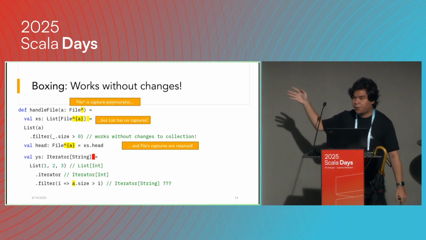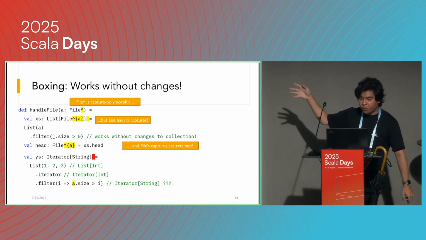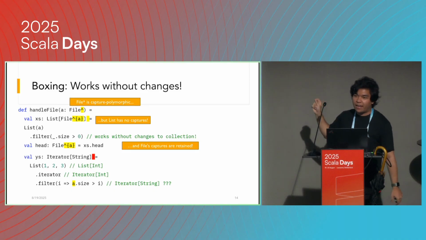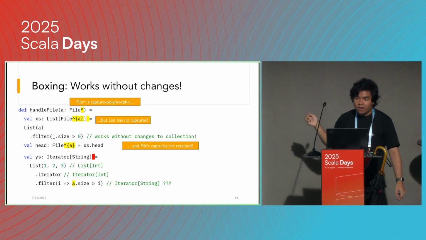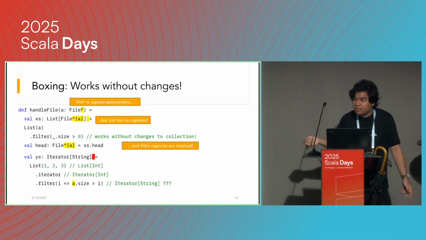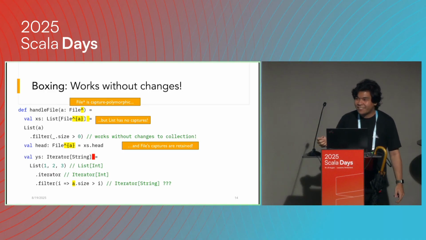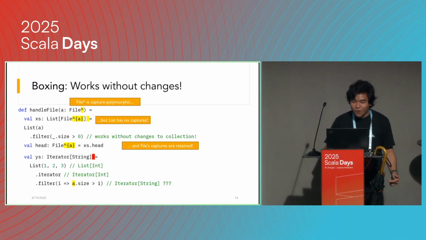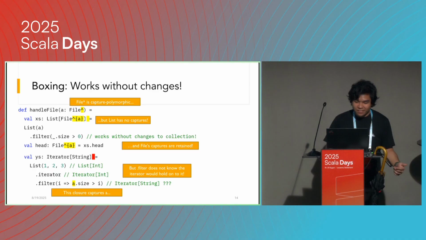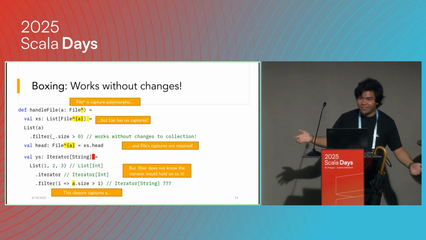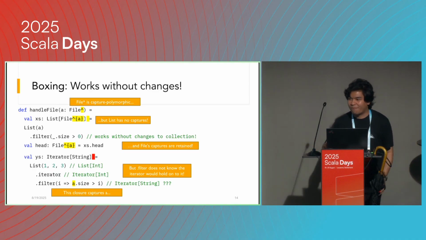It's completely pure, right? And then you do a filter, and then you capture a, which is a file. But the implementation doesn't know because we haven't capture checked it yet. We haven't told it that the resulting iterator is going to capture something. And so we run into a problem, because now this iterator is still pure, and now your program is having a problem.